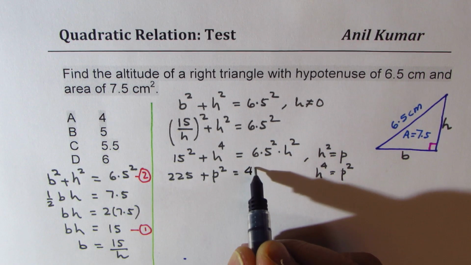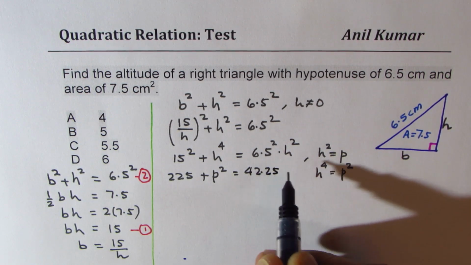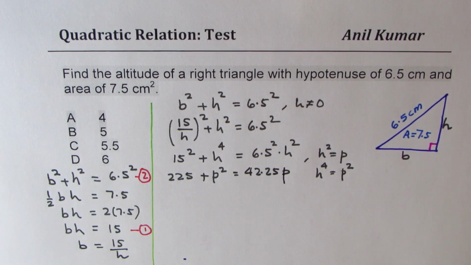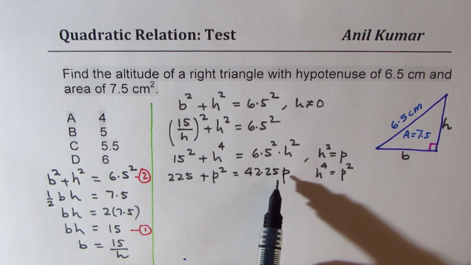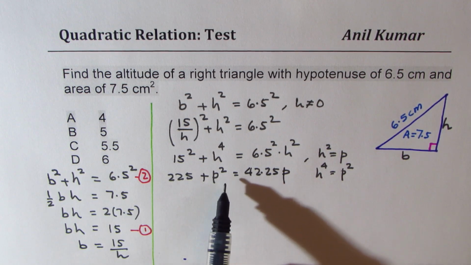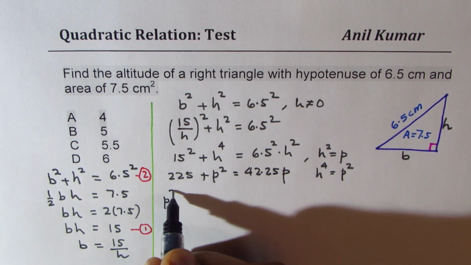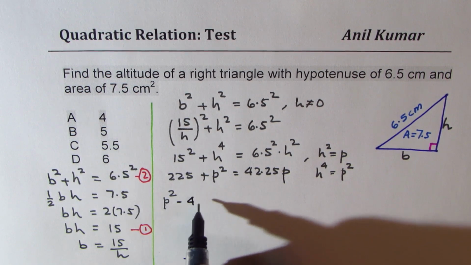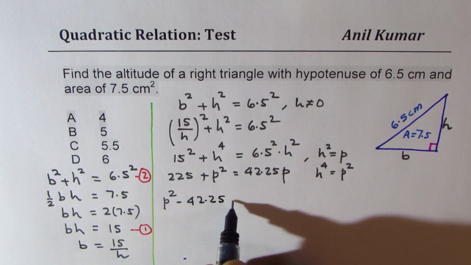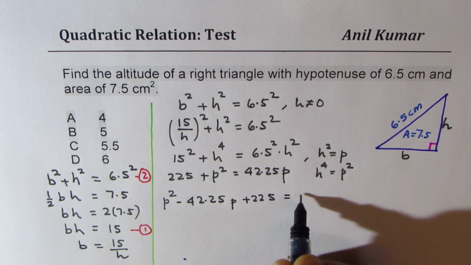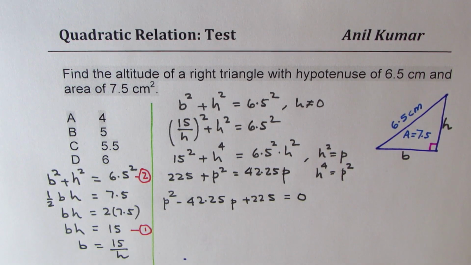So we can write this as 42.25 and h square is p, right? So we have a quadratic equation with p as a variable. Let's bring the terms together to one side. So we get p square minus 42.25 p plus 225 equals 0. So we get one quadratic equation.